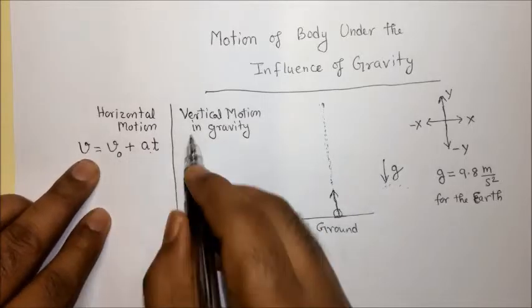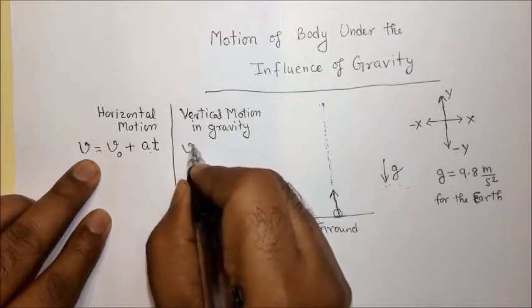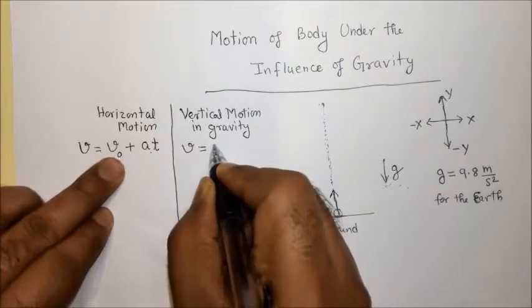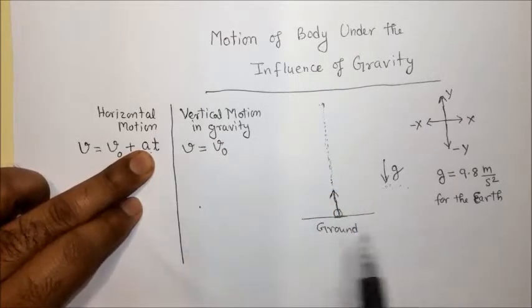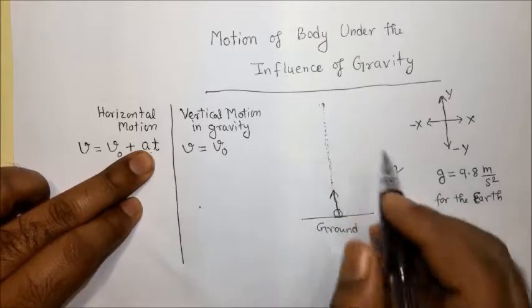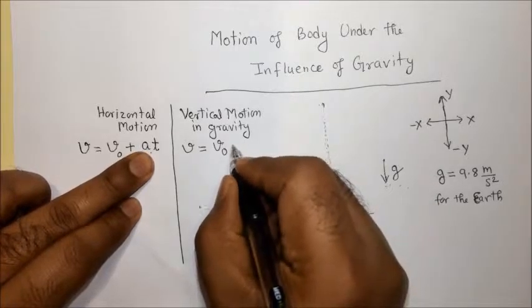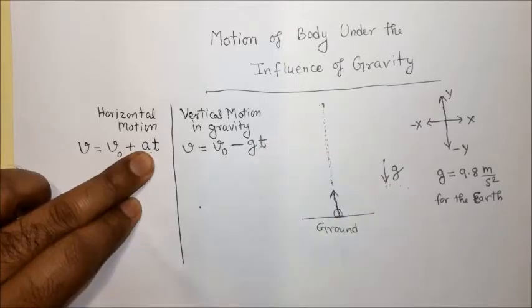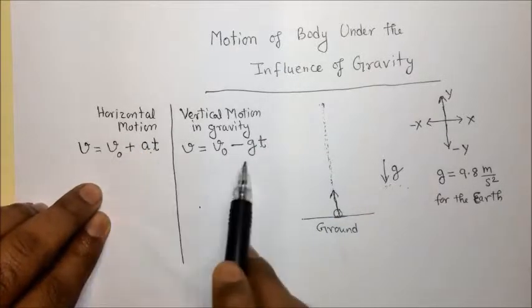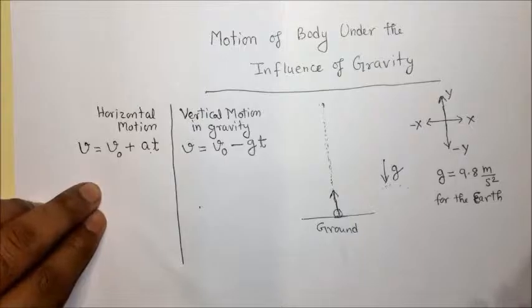V final becomes V initial, and in place of A we put minus G, so it becomes minus GT. Same equation, A is replaced by minus G.